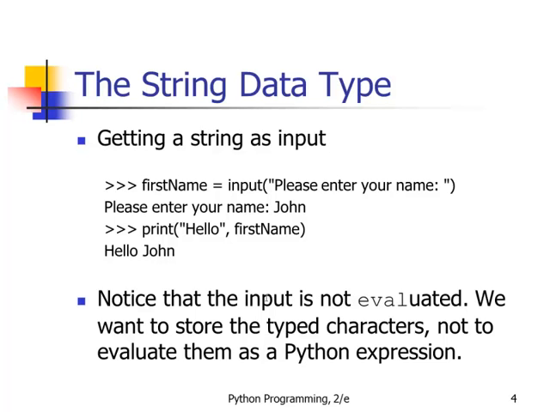We can prompt the user for a string by using the input function. So we can give them a message like first_name is equal to input, and "please enter your name."